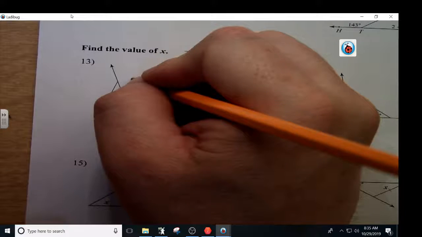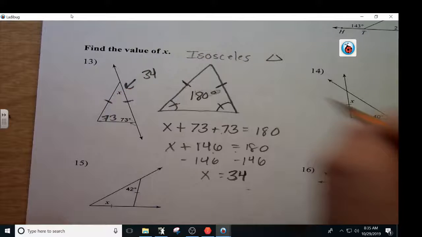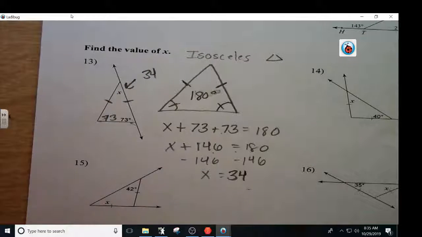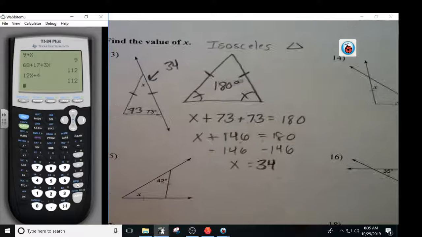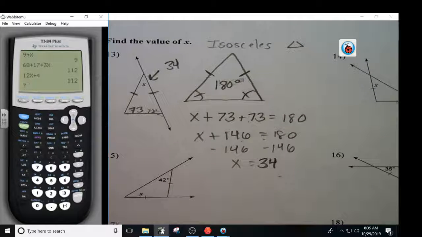So guys, if I plug in 34 here, okay, now let's see what we get. 73 plus 73 plus 34. Does that prove that my answer is correct? Yes, because all three of my angles are still equal to 180. Okay? Does everybody understand that?